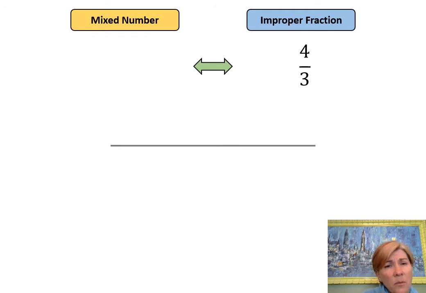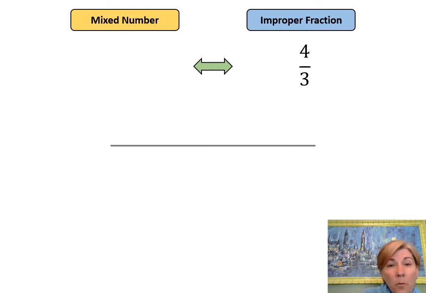Now, if I was doing improper to mixed, in this case, I'd have to look at it as, okay, how many groups of 3 are there in 4? I have 4 pieces in total, and how many are going to make a complete pizza or, I don't know, a complete cake, something like that?